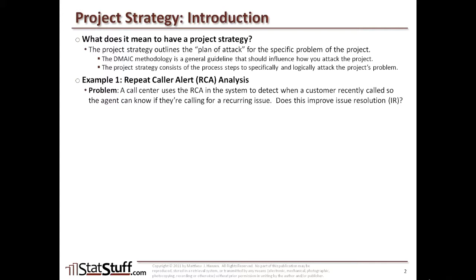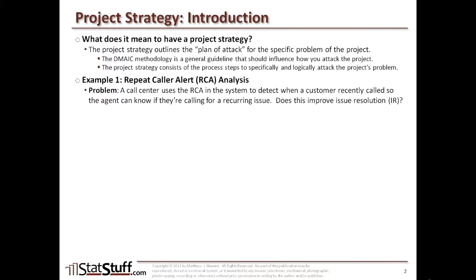If the agent on the phone can see that the customer recently called in, can they help prevent the recurring issue? They want to stop that caller from calling back again if they can resolve the issue correctly up front the first time.